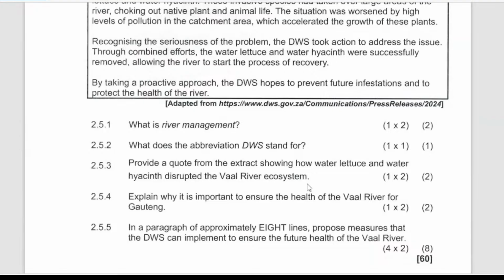Right, we can say it is the maintaining, or we can say it is the preservation of water bodies and catchment areas.